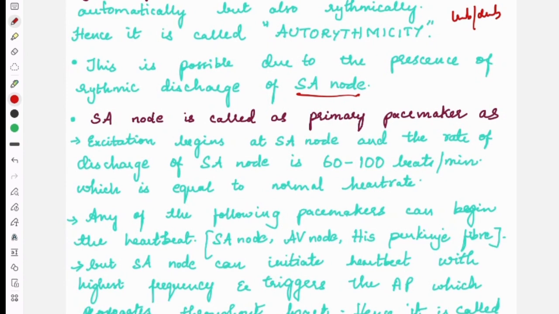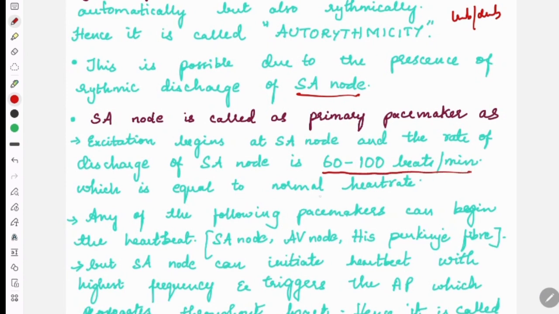What is excitation? For the heart to beat and pump blood, there needs to be a stimulus. That stimulus is the excitation, and it is initiated from the SA node present in the heart. The rate of discharge of the SA node is 60 to 100 beats per minute.